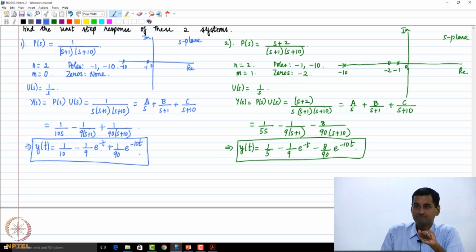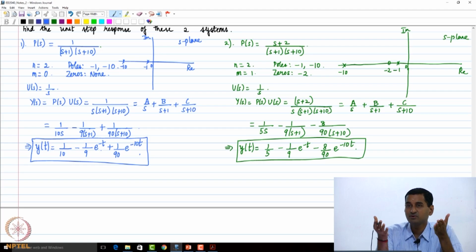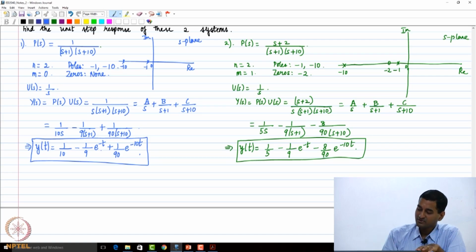E power minus t. Okay, see, we know that as the exponent becomes more negative, the exponential function is going to decay to 0 much faster. Is it not? Okay, so if you consider the magnitude of the first term, 1 by 9 e power minus t versus 1 by 90 e power minus 10t, what can you say?